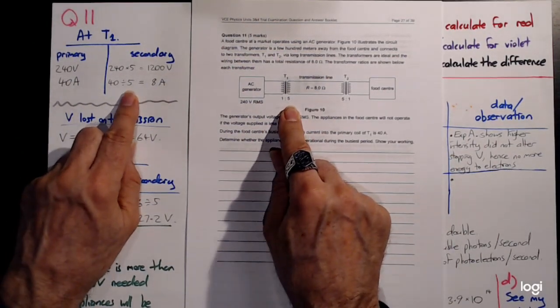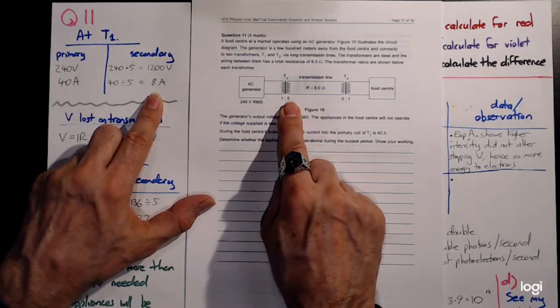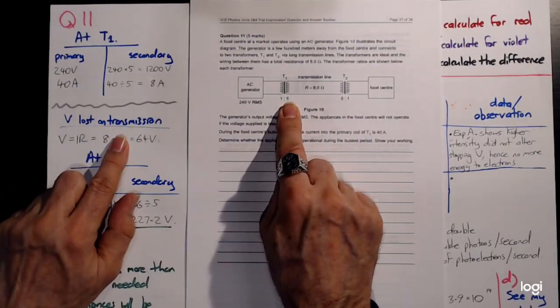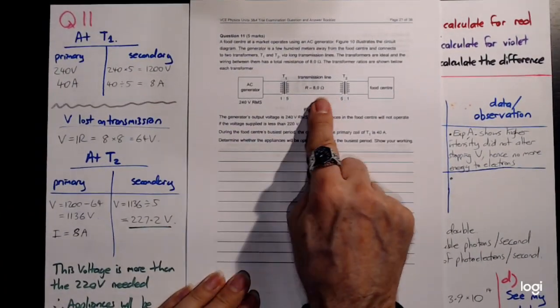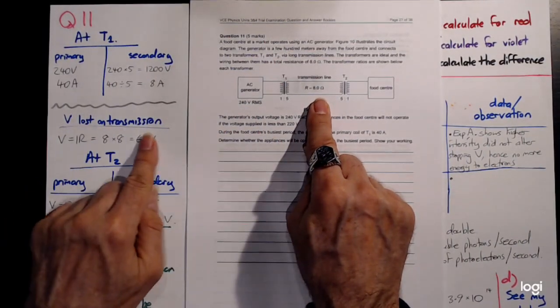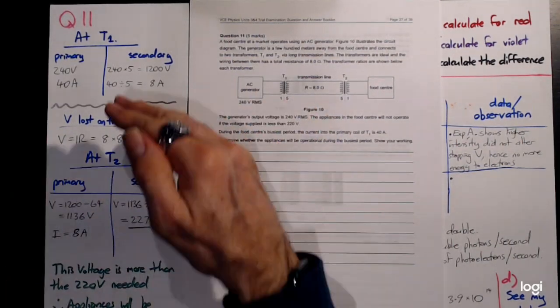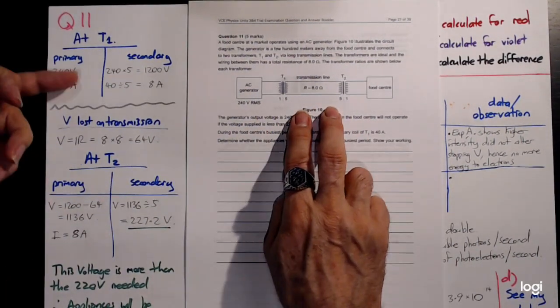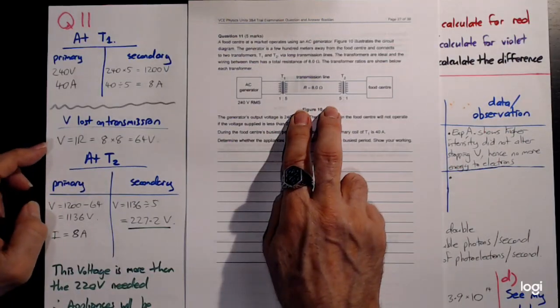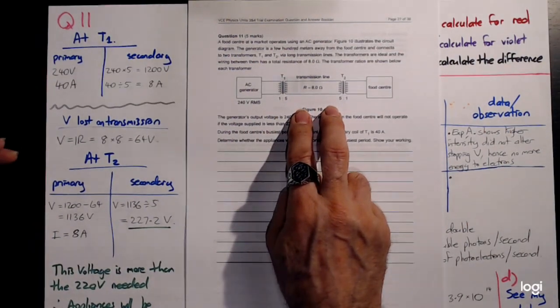Current goes down by a factor of 5 to 8 amps. Done. Voltage lost in transmission. Now they know they're talking about here because you've told them. Subheadings are really important in these complex things that have multiple stages. Do this. It makes it way easier for the people who are marking this to find the marks.